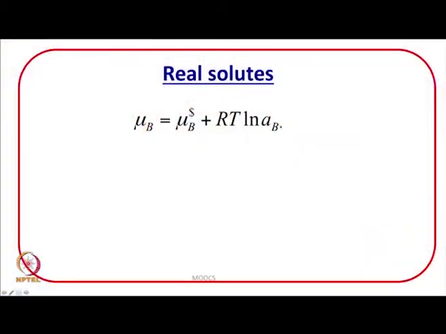Now for solutions in which the solute does not obey Henry's law, we will call those real solutes, and in place of mole fraction we will write activity. This is how one can determine the value of the activity. Then activity is connected with the activity coefficient: activity is equal to activity coefficient into mole fraction.